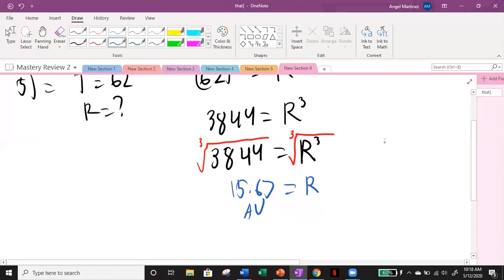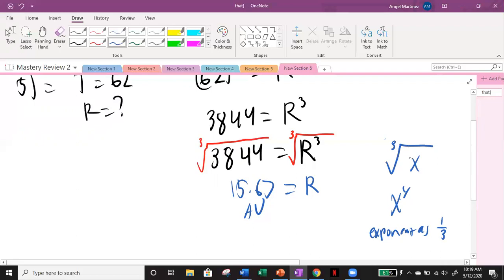Now on the calculator, you might have to press shift. You usually see this symbol. Sometimes you see this symbol with an X on it. So that's how it usually looks if you look for it on your calculator. Another way you can do it is sometimes you see x to the y. That means an exponent. You can put the exponent as 1 divided by 3, and that'll be the same thing as cube root. But I would suggest just try to look for cube root first.